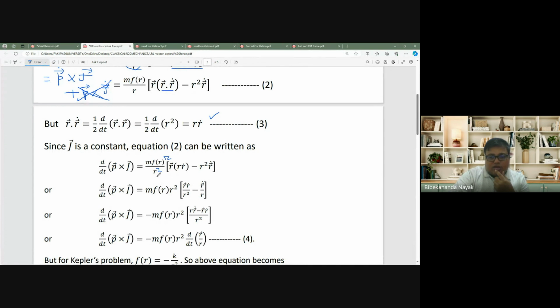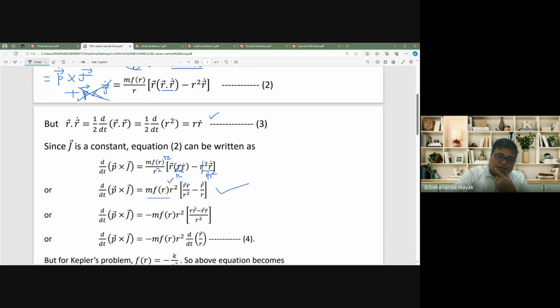I take r common from here, so it becomes F(r) r square. I divided by r square, so this r square cancels, one r remains and cancels. But again taking r from each term, we have this form: r square here, r square, minus r.